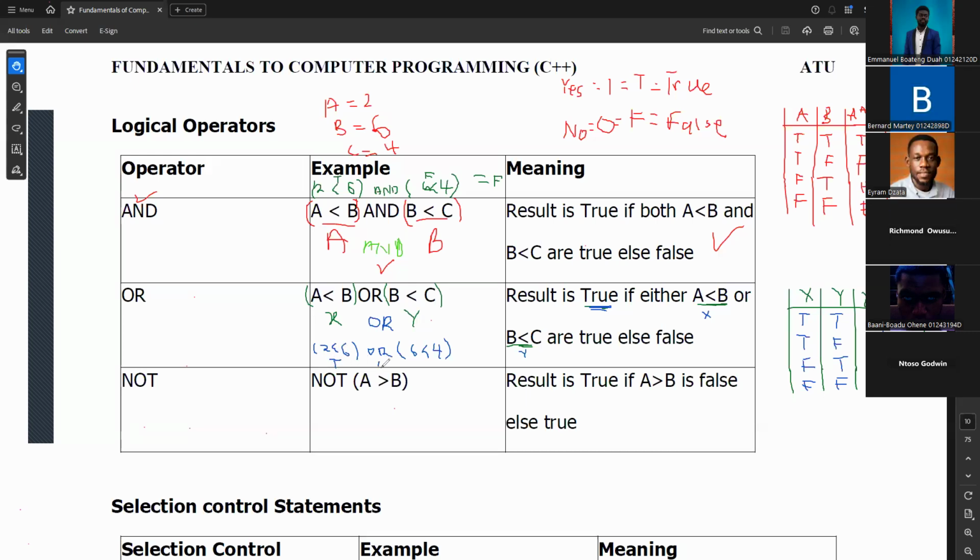Or 6 less than 4 is false. So what would this give us? True. This will give us true because at least one of them has to be true. Yes, sir. True. Okay. All right, so that is it.